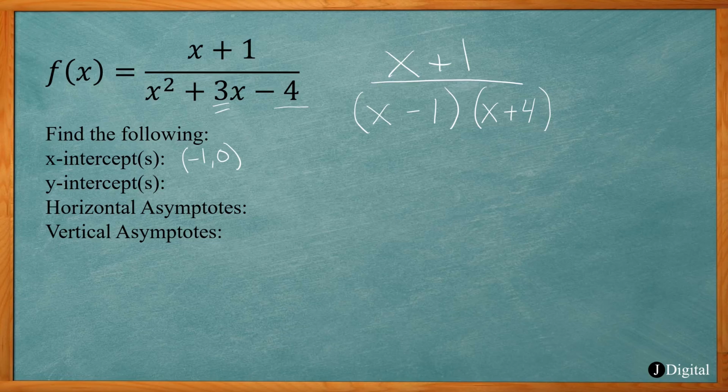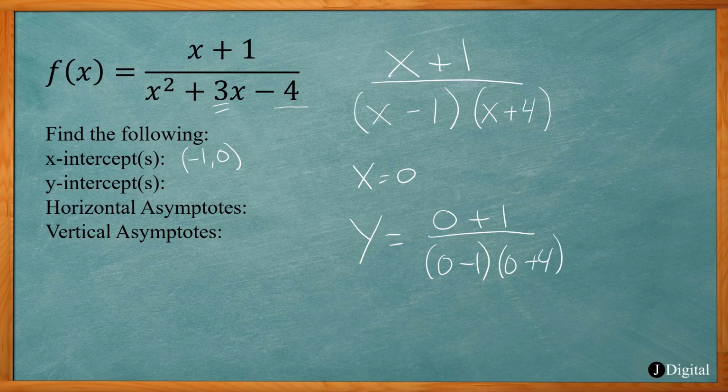Alright, now we want to find the y-intercepts. Y-intercepts occur when x is equal to 0. So we can take our function and replace the x's with 0. We have 0 plus 1 on top, and 0 minus 1, and 0 plus 4 on bottom.